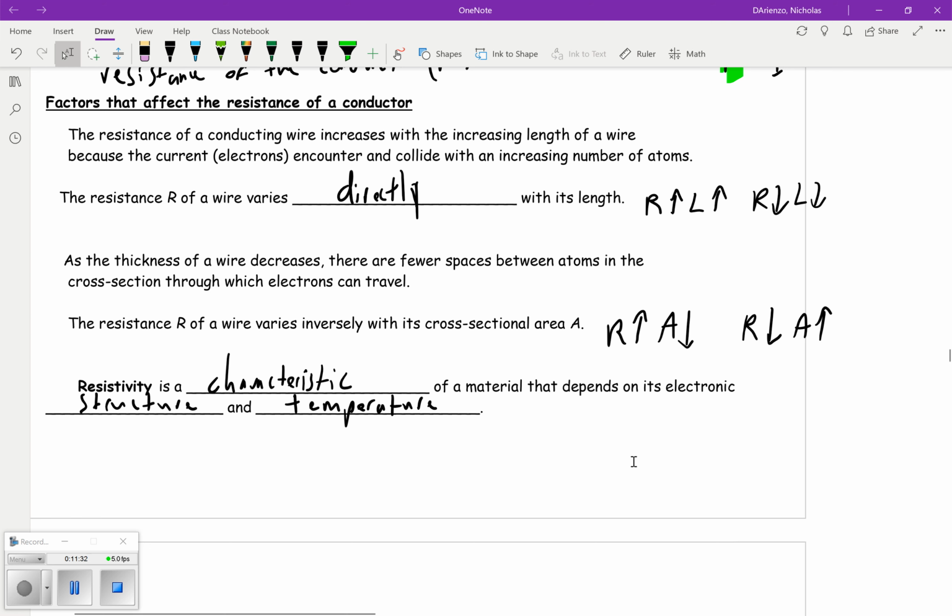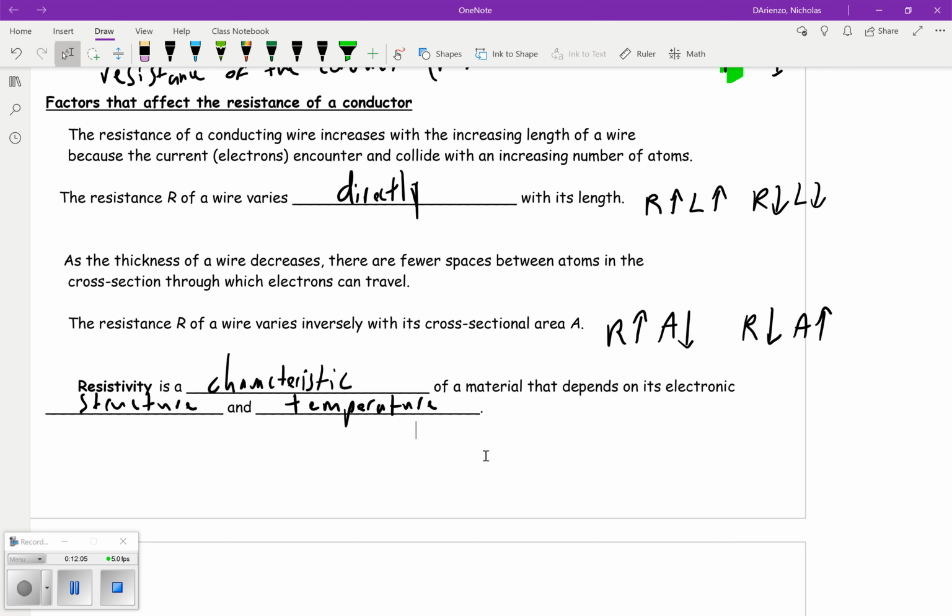So resistivity means how the electronic structure is set up in the particular element or in the particular substance. It's going to have a different opposition to the flow of current just based off of how those atoms in that substance, in that conductor, are put together. And this is going to vary greatly depending on the temperature of the substance or of the conductor itself.